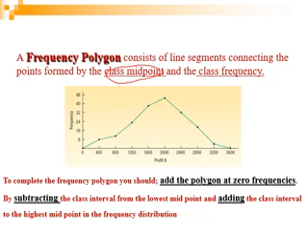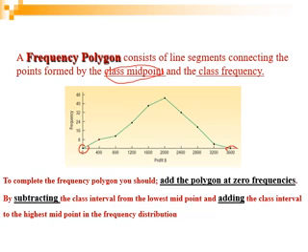And we don't have zero frequencies. So we will add points to the polygon at zero frequencies, which means that we subtract the class interval from the lowest midpoint and add the class interval to the highest midpoint.